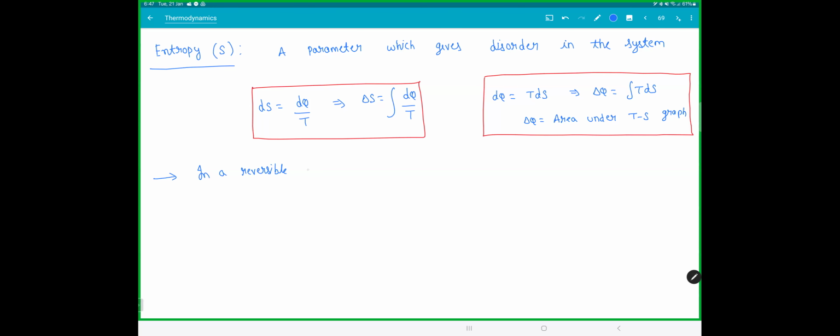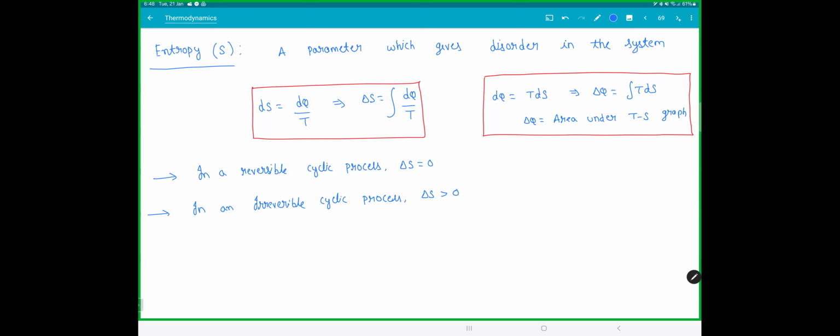In a reversible cyclic process, the entropy change is 0. In an irreversible process, as I said last time, you don't come back the same way you go. Delta S is greater than 0.